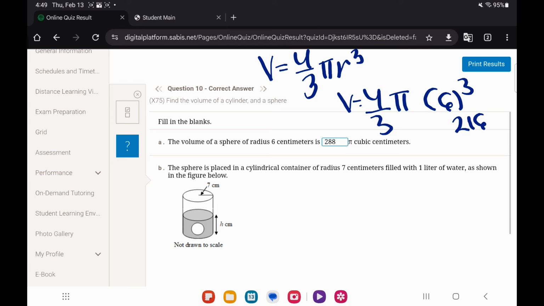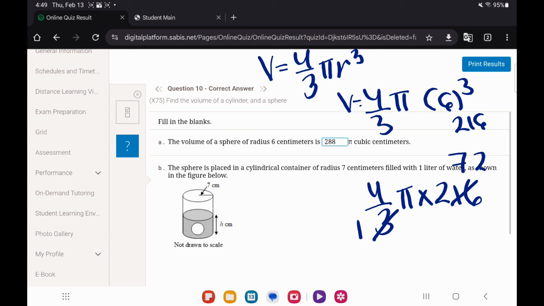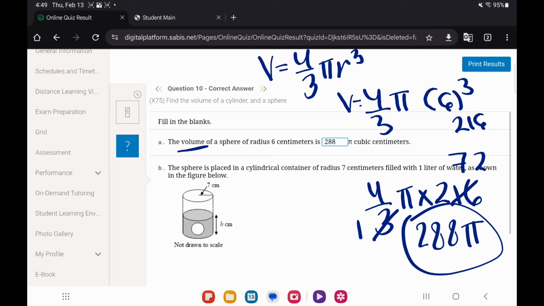So 4/3 pi times 216. Here we can simplify. This is going to be 72, and this is going to be 1. 72 times 4 is 288 pi. And that's your answer for the volume.